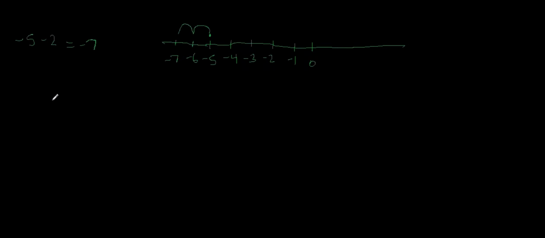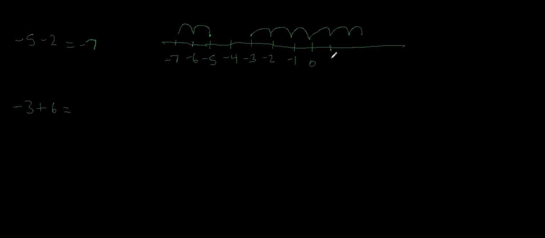Let's look at another example. If I have negative 3 plus 6, I'm at negative 3, and the rule says when I'm adding, I move to the right. So one space, two, three, four, five, six spaces.